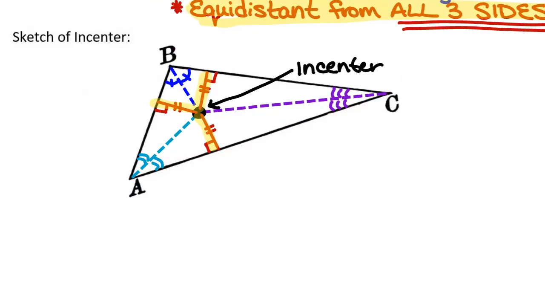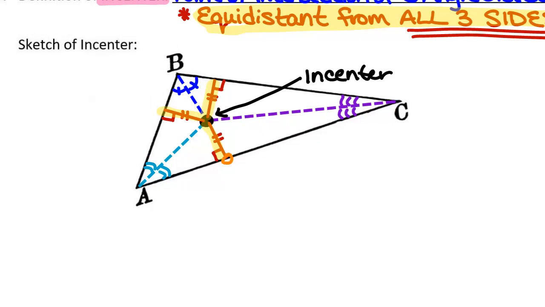We had something kind of similar looking to this when we looked at our perpendicular bisectors. We had right angles, but a perpendicular bisector doesn't just make a right angle. What does a bisector do? Cuts it in half. And so my perpendicular bisector would go through the midpoint of the side. Is this the midpoint of this side?